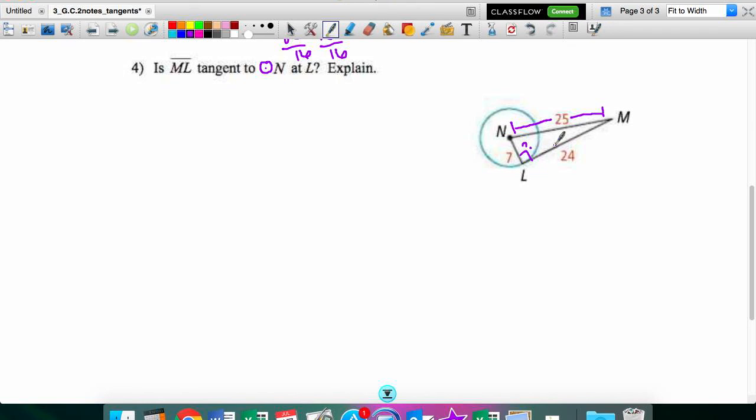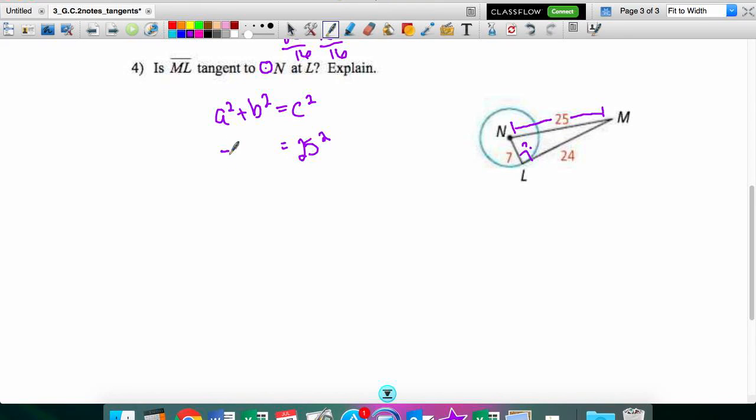Well, you can prove that a triangle has a right angle by showing that the Pythagorean theorem is going to be true. So essentially what we're going to do is we're going to check our a squared plus b squared equals c squared and see if it is indeed true. So let's plug in what we know. Our hypotenuse is the most important side, which is across from the supposed right angle, which would be our 25.